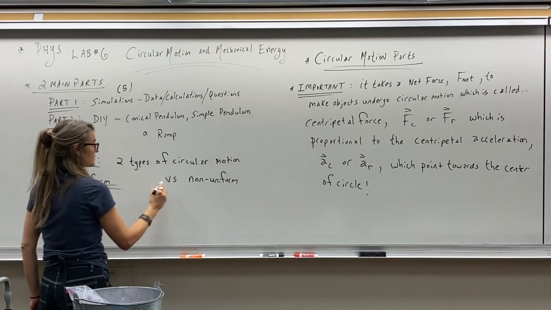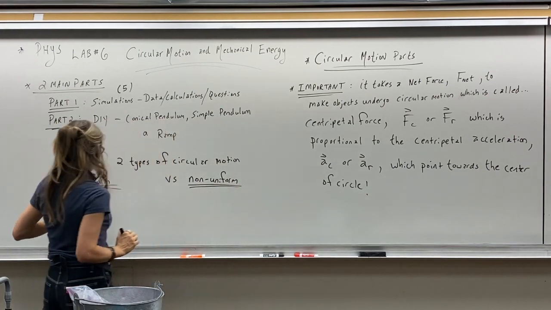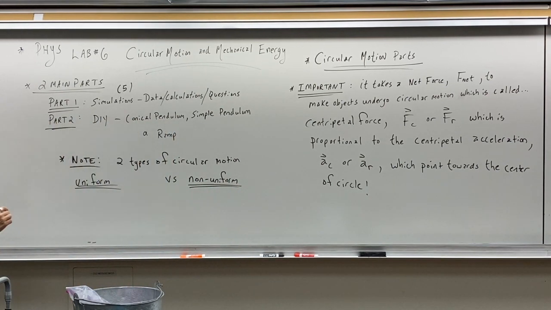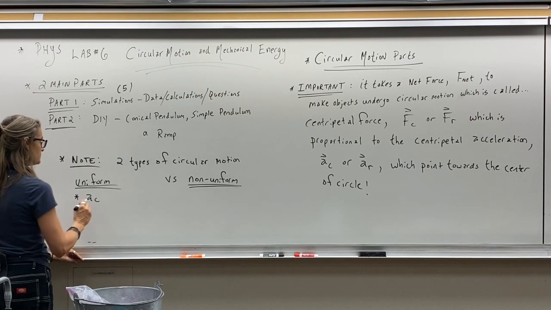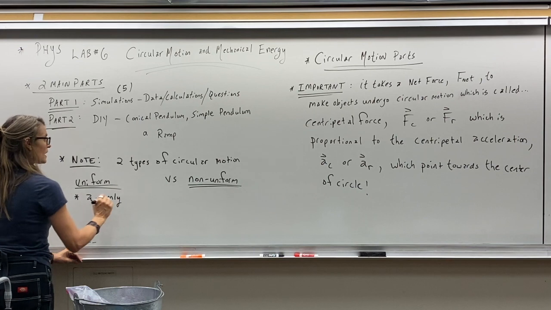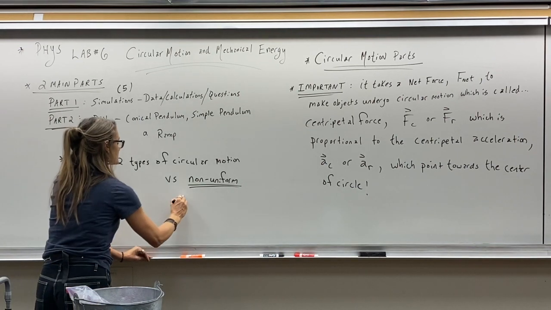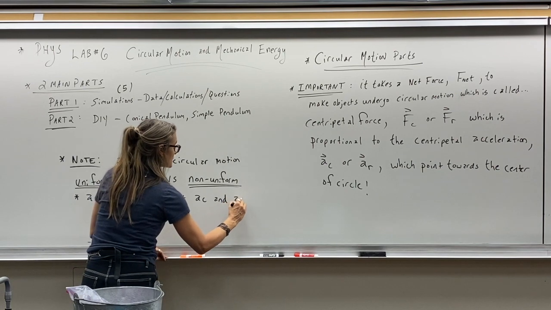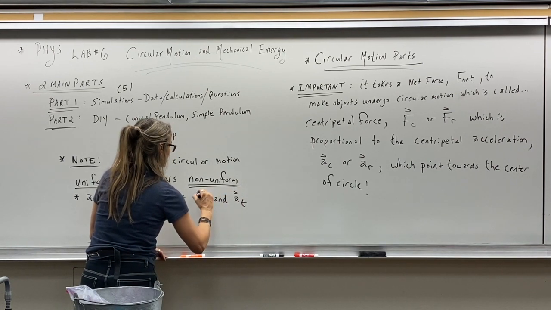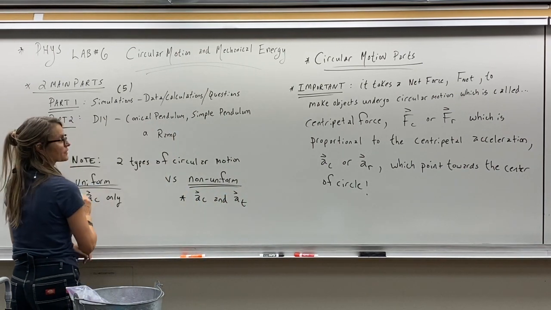Let me go over what the difference is. In uniform circular motion, you have centripetal acceleration only. In non-uniform, you have centripetal acceleration and a tangential acceleration. Remember, these are vectors, even if I forget my little hats.